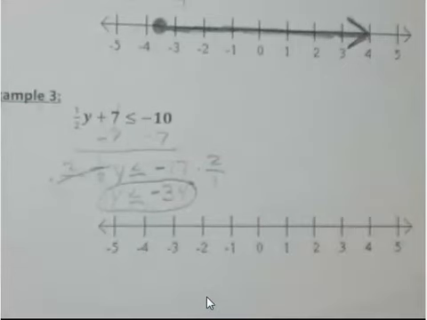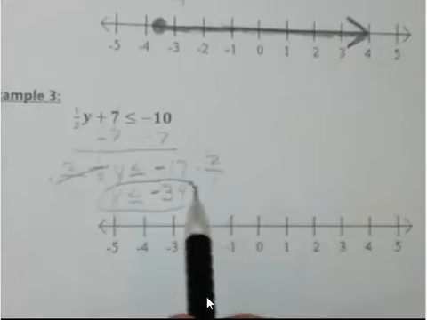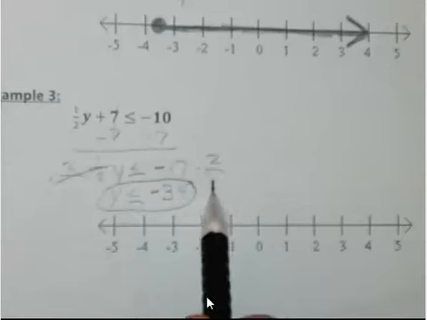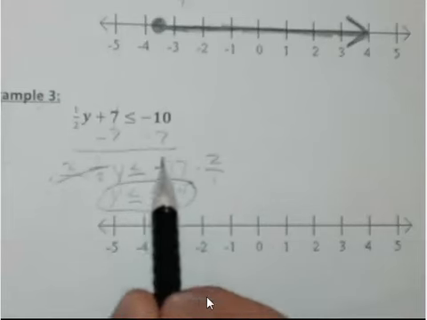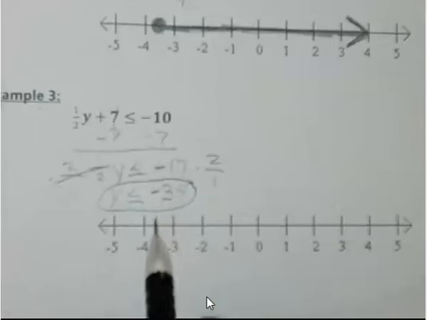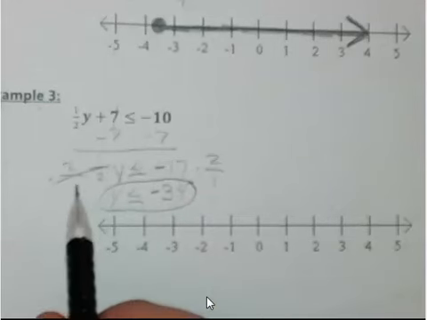I saw some people getting confused on the math lab, which you'll do later in class. I saw some people getting confused about this right here, negative 17 times 2. I saw some kids flipping this sign because this number is negative. However, it's only the number that you're multiplying or dividing by.